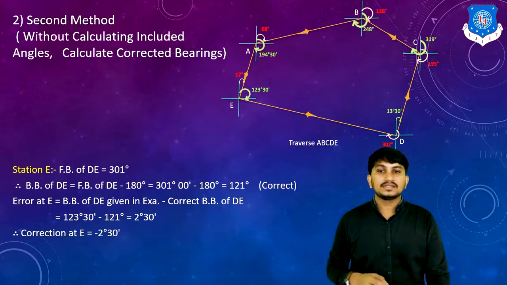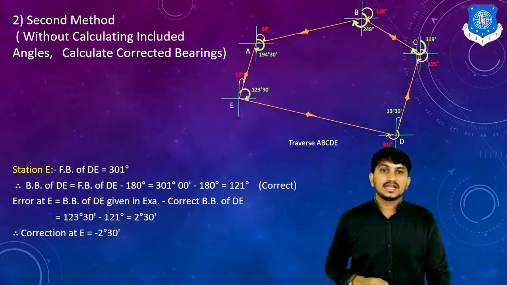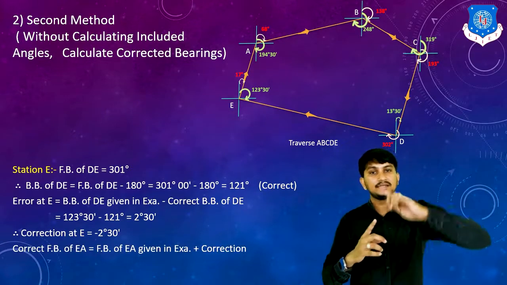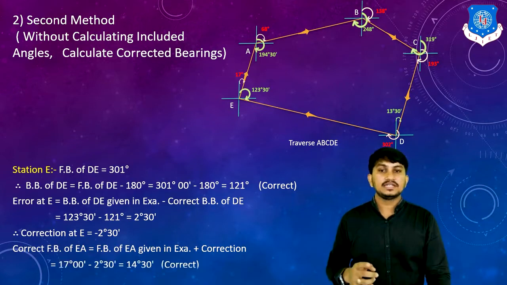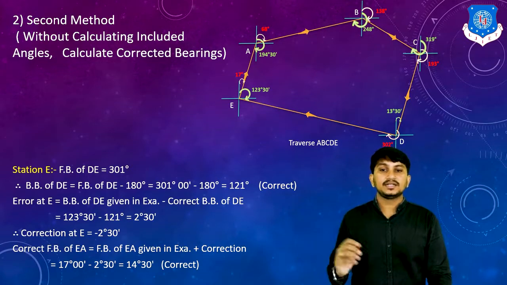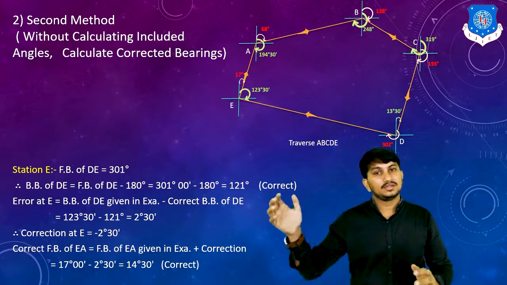We correct this error by the correction minus 2 degree 30 minute. This correction will be implemented in the next reading, which is FB of EA. FB of EA, which is given in the example as 17 degree, adding this correction of minus 2 degree 30 minute, gives the correct FB of EA, 14 degree 30 minute. This is similar to what was calculated in method number 1.